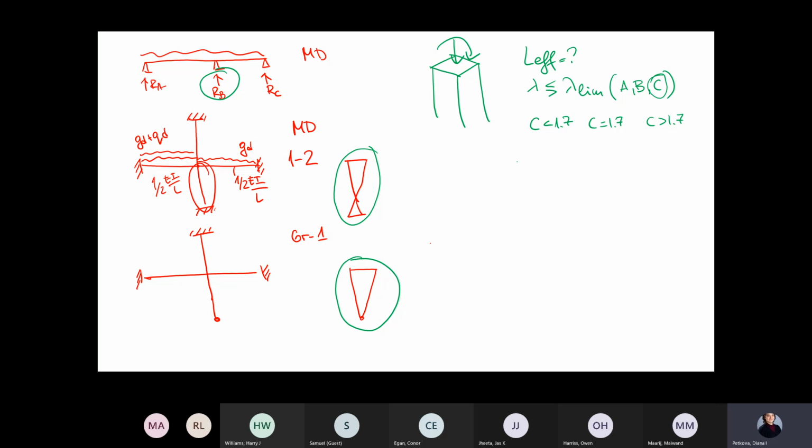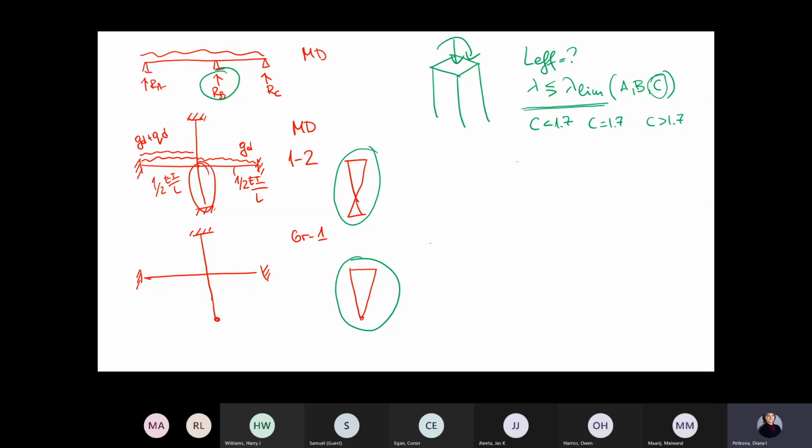So that will make our column very slender. Okay. So it's important to spend some time looking at the calculation of the moments for the factor C.